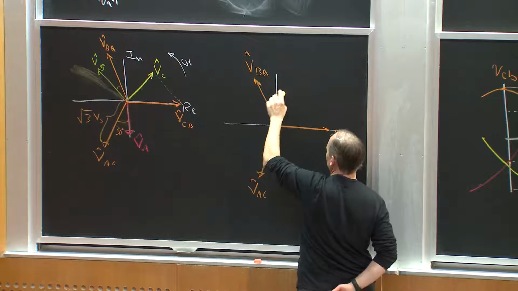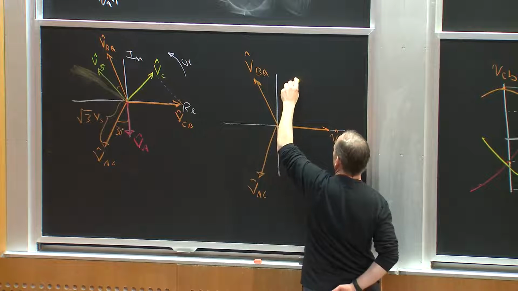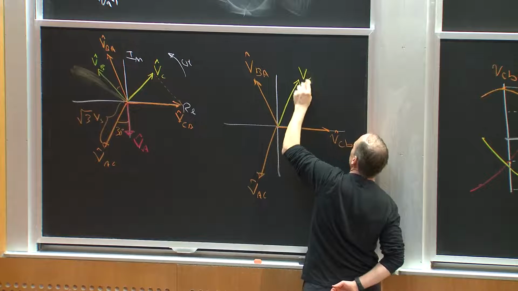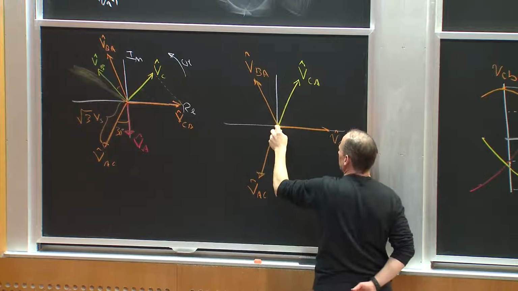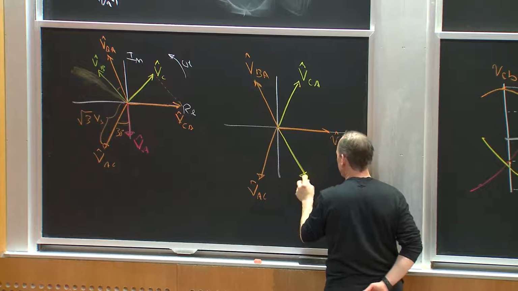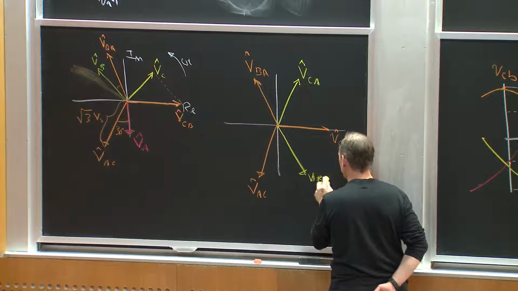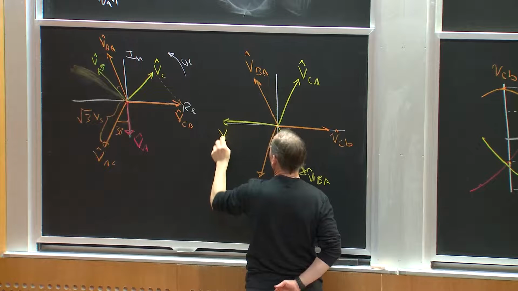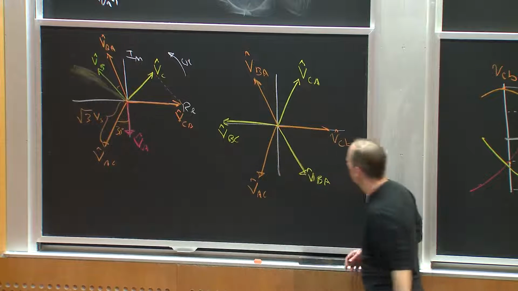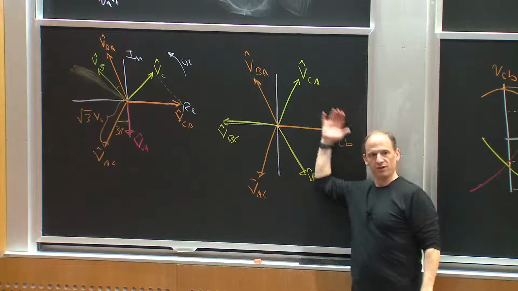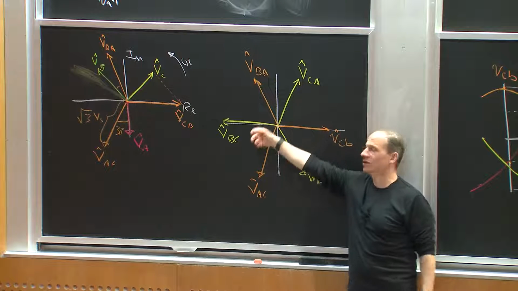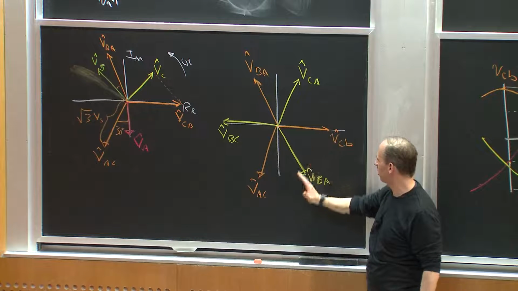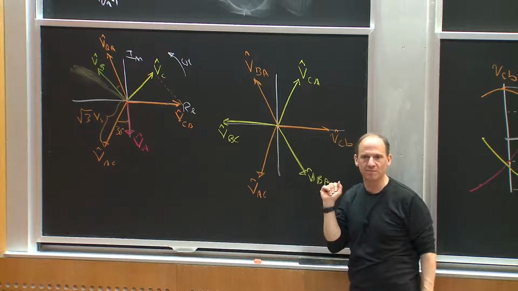So I have the opposite here that looks like this. So this is V hat CA. This is V hat BA. And this is V hat BC. So essentially I could think of this thing rotating in time, both the orange and yellow, the line-to-line and its negatives, and the rectifier is just going to pick off whichever is maximum at any given time.